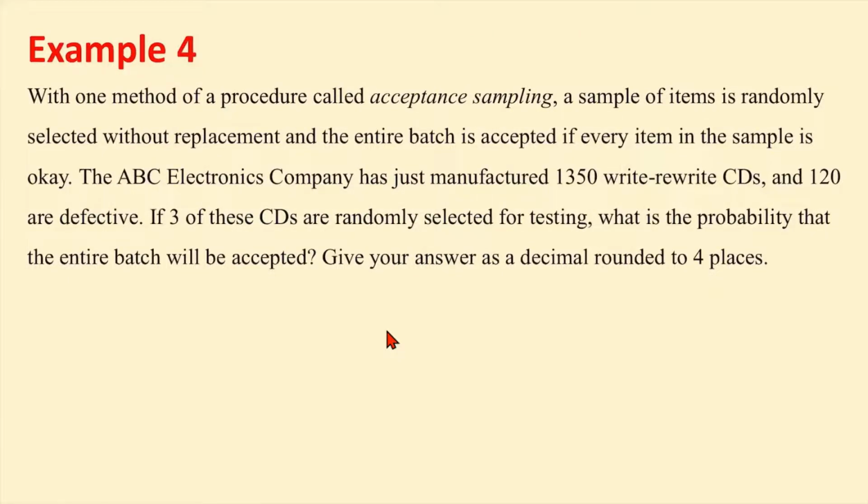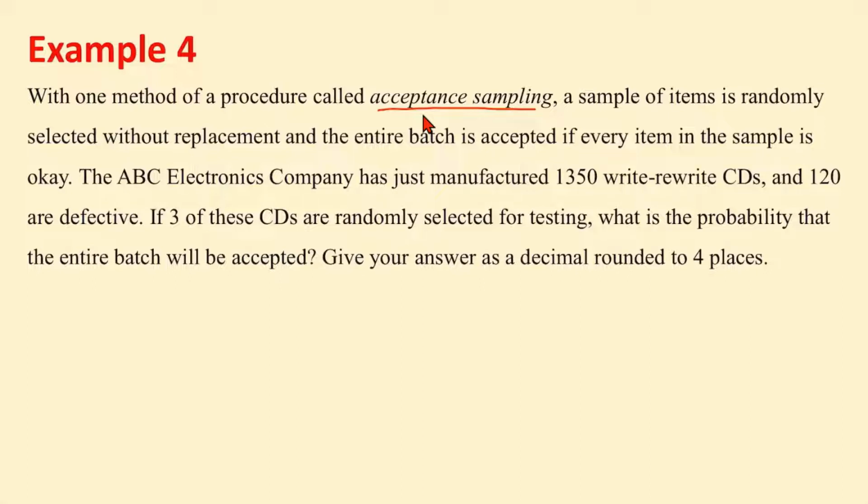Okay, let's see what we have in example 4. With one method of a procedure called acceptance sampling, let's see what that is. Here we have the description for acceptance sampling.